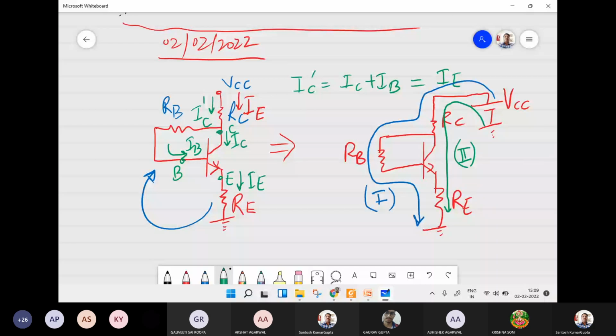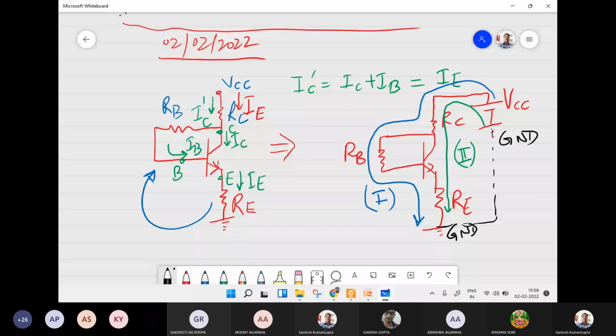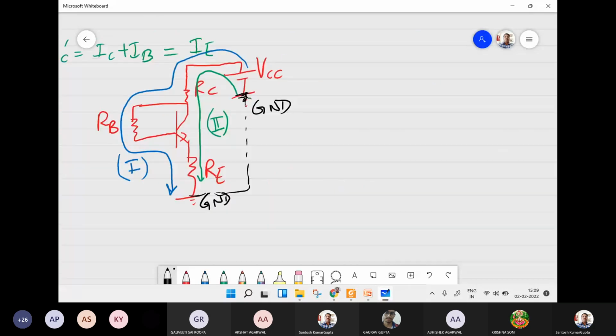In loop one, here it is ground and here it is ground, so both can be thought of as connected together, a common ground. In that way we can figure out that indeed it is a loop. One by one we can take the input loop or output loop. Suppose we intend to look at the input loop first.